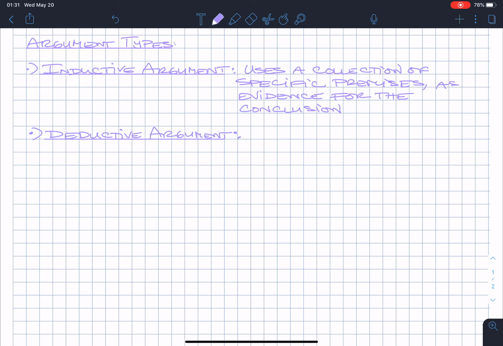The deductive argument uses one or more statements to reach a logically sound conclusion. So that's what we're going to be dealing with here.